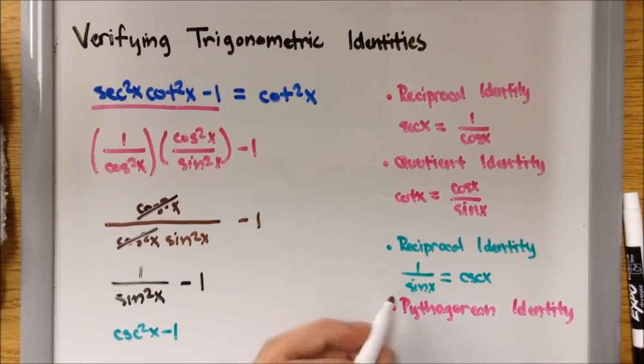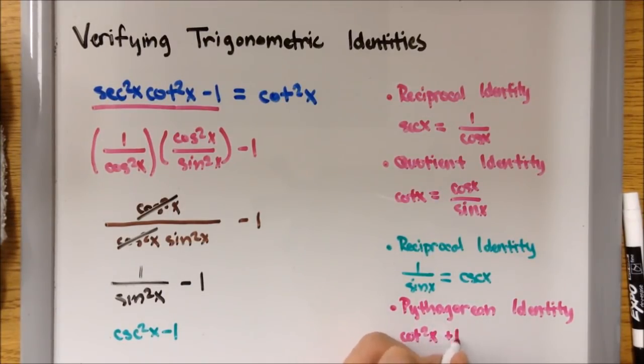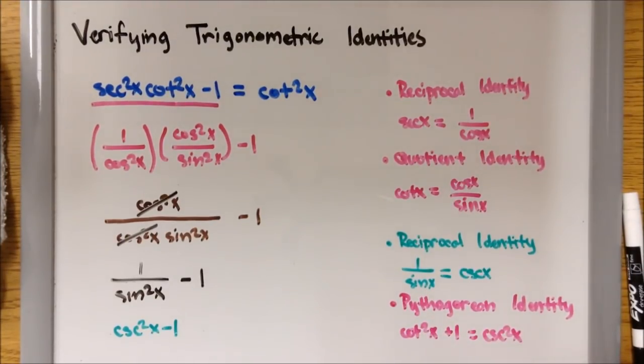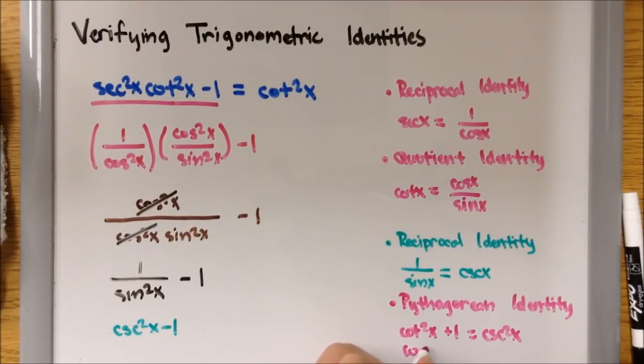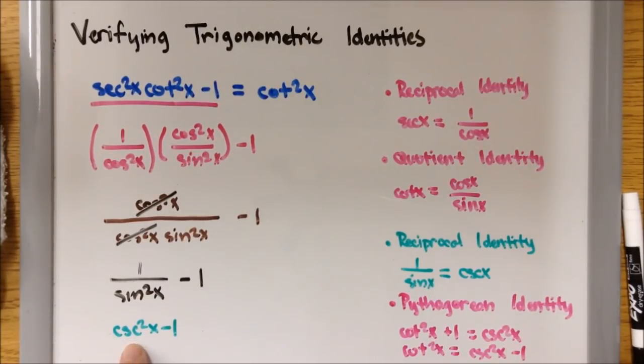Which is cotangent square x plus 1 equals cosecant square x. And then if I want to get the 1 to be with cosecant square x, I would subtract 1 on both sides. And then we're going to have cotangent square x equal to cosecant square x minus 1. So hey, cosecant square x minus 1 will equal cotangent square x.